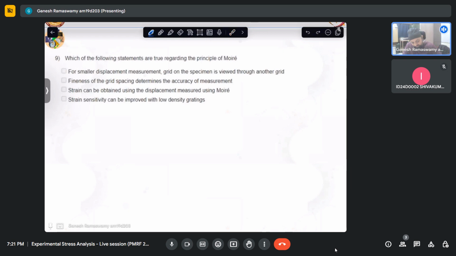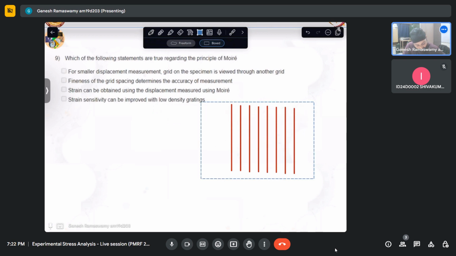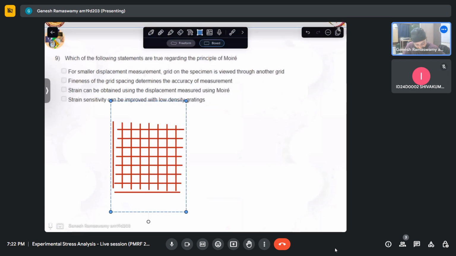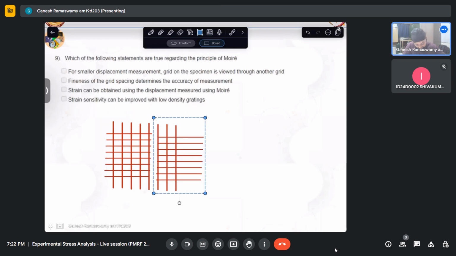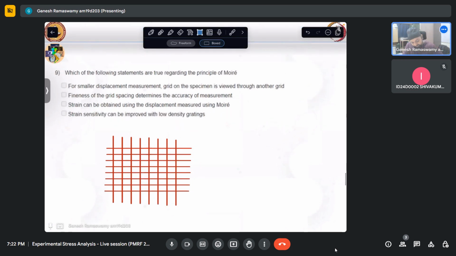Yes, as we saw in the last session also, once we have a grid like that, and then we view it with some other grid, there will be some interference patterns that will get developed based on the deformation that is happening. So that is the principle of Moire. For small displacements, grid on the specimen is viewed through another grid.